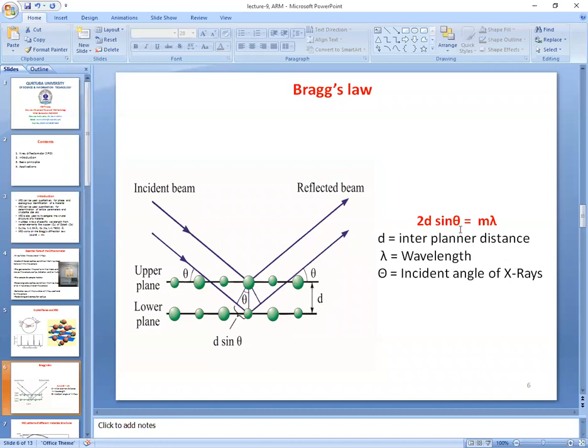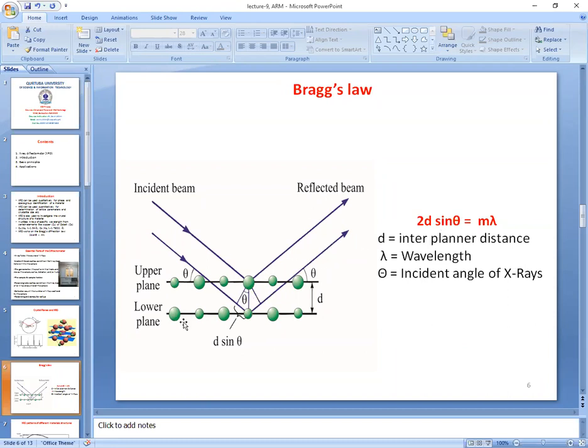So it depends on the spacing, the wavelength of the incident radiation, and also on the incident angle. Why is this theta and this theta? Theta plus theta is equal to 2 theta. This is why we plot the intensity versus 2 theta in degrees.